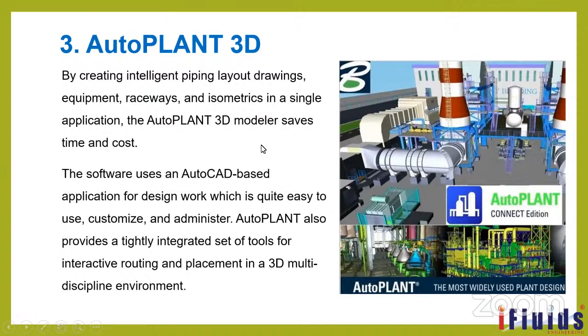By drawing the piping layout in this software, we are able to extract the isometrics also from this software. The software uses an AutoCAD based application for design work, which is quite easy to use, customize, and administer. Autoplant also provides a tightly integrated set of tools for interactive routing and placement in a 3D modeling environment.